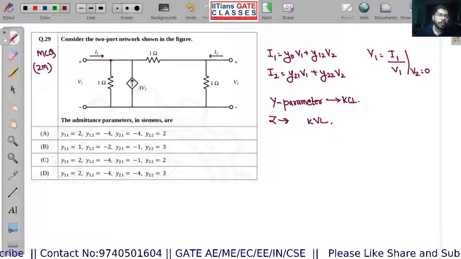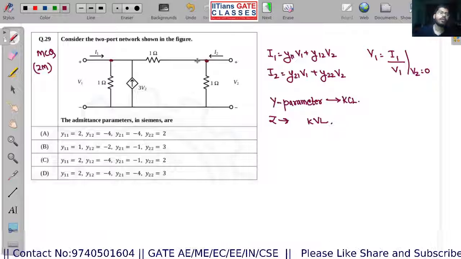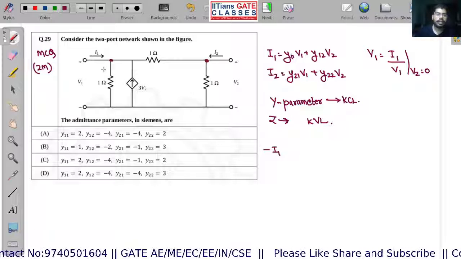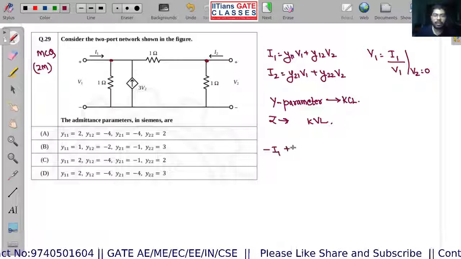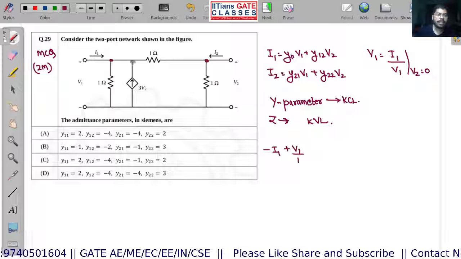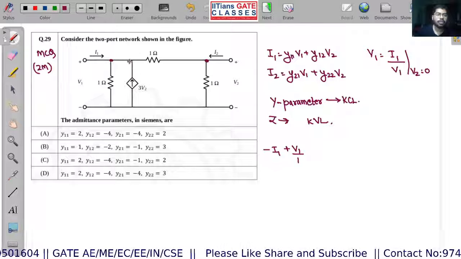So what am I going to do? I am going to write one node over here and one node over here. Nodal analysis. So let me write. There is an incoming current I1 plus V1 by 1 for this one. As these two nodes are shorted, this is also V1 only.